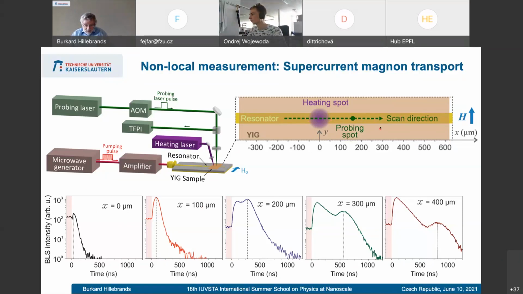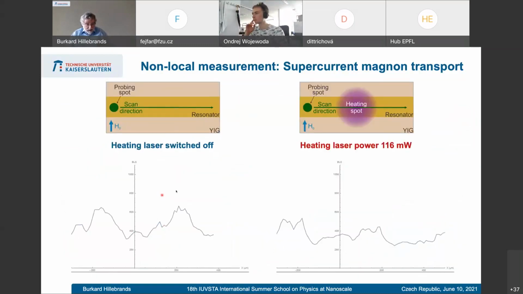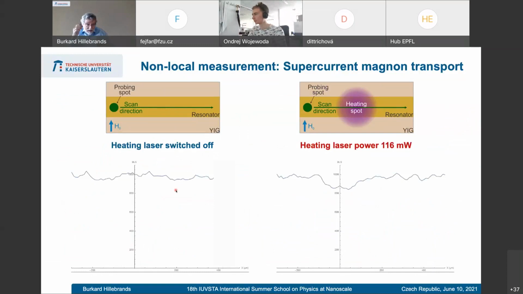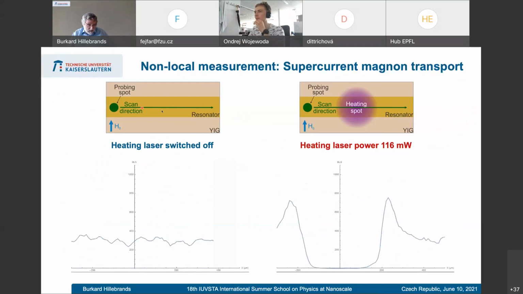And in this way, we can measure the profile. And you see this data as a function of time, that this all looks, a lot of things happen, but of course, this data is somewhat hard to understand. But if I now let run the measurements, yeah, you see what happens. That is with no heating pulse, so we only generate the Bose-Einstein condensate, which exists here over the entire region.